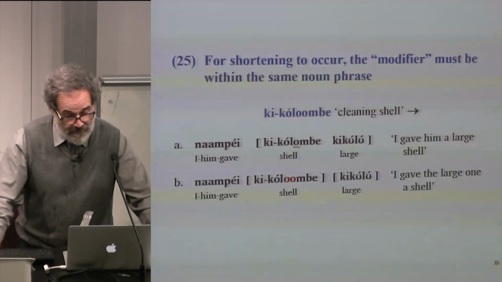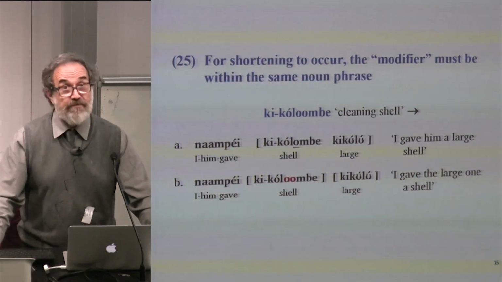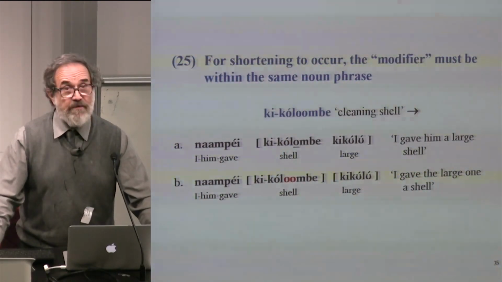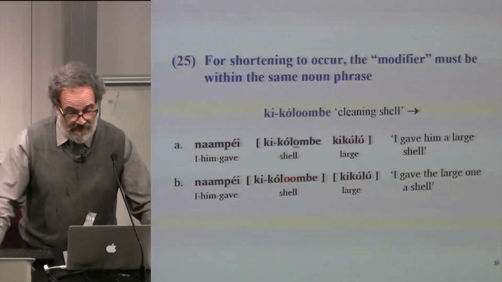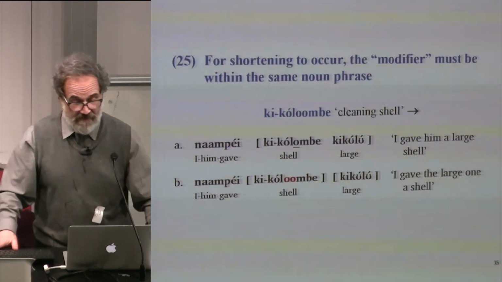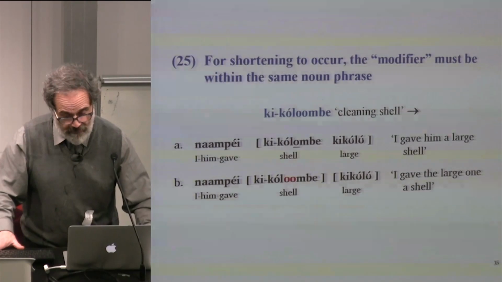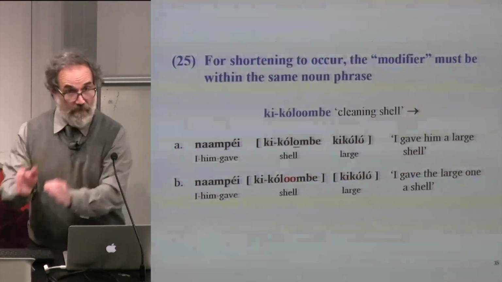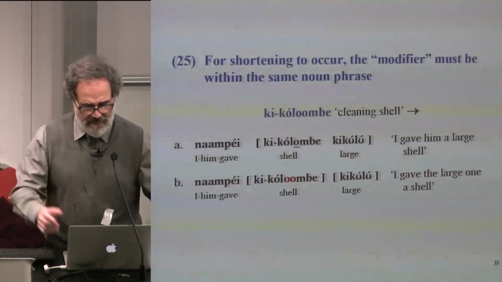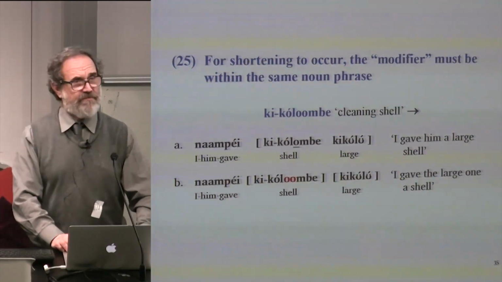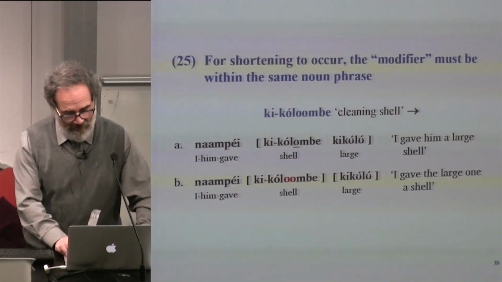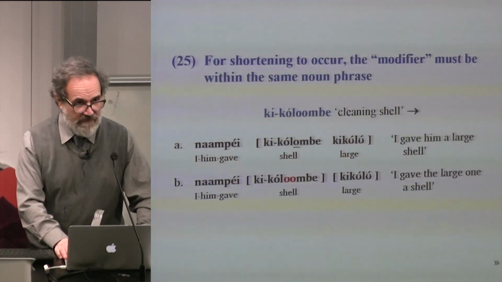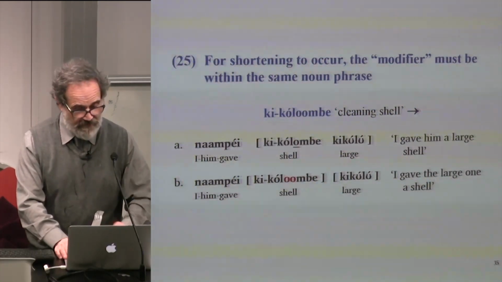The very same words, these are Odden's examples, in the next set show the long vowel on shell this time, because 'large' is now being used as a noun phrase without a head noun. So this is, I gave the large one a shell. I gave shell to the large one. The large animal or something like that. That's in noun class 7. Okay, so that's just showing that it has something to do with head, non-head relationships.